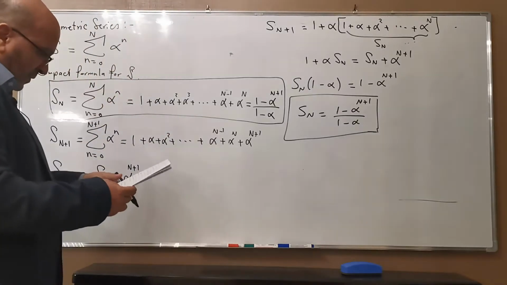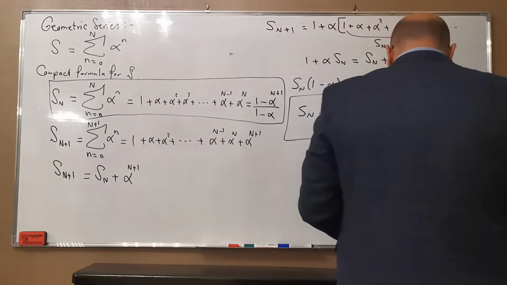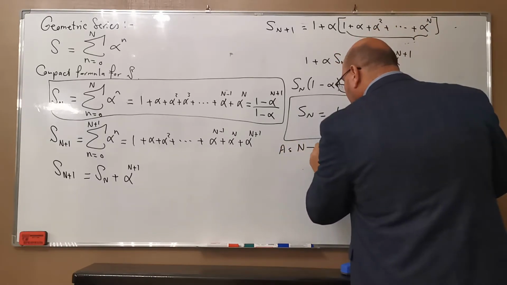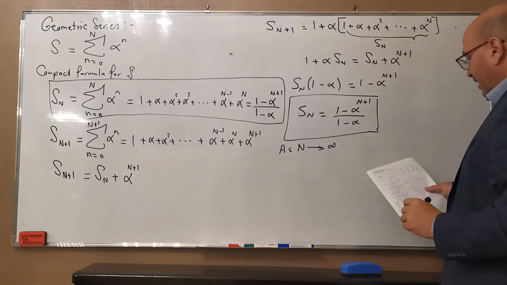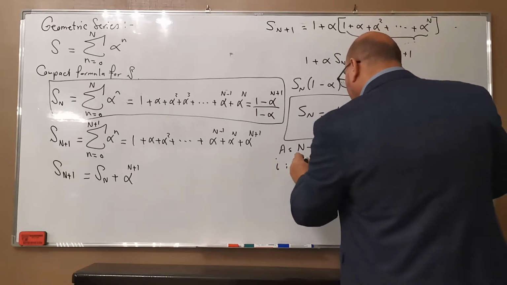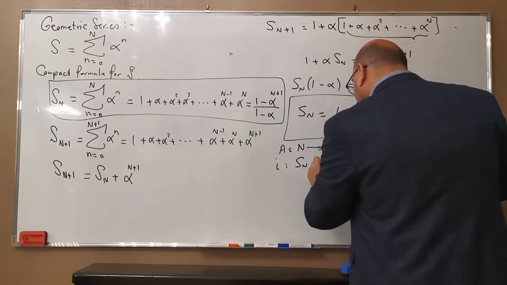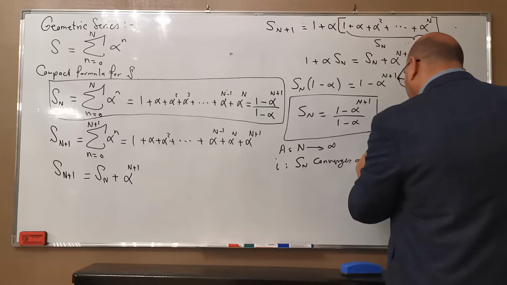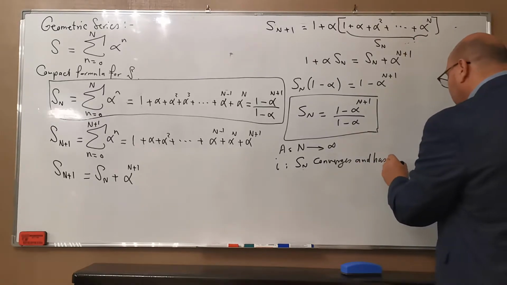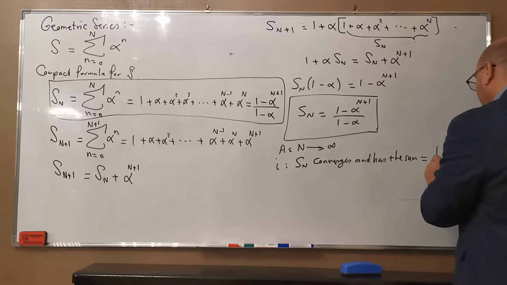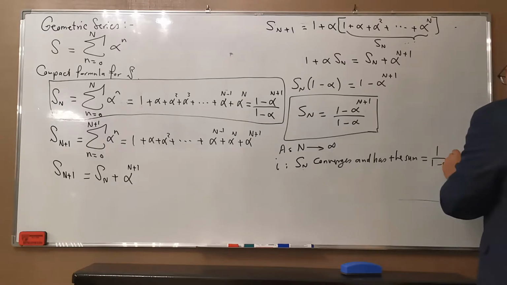Please remember this. Now, as n approaches infinity, we have two cases. Case number one, S sub n converges and has the sum equal to 1 over 1 minus alpha if the magnitude of alpha is less than 1.